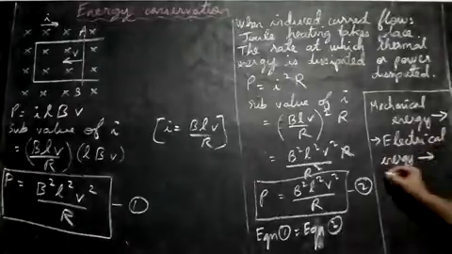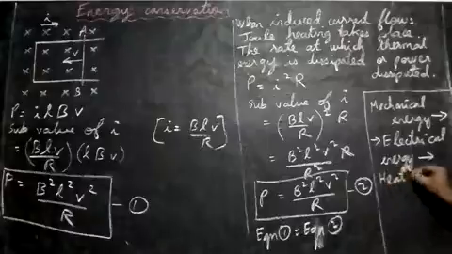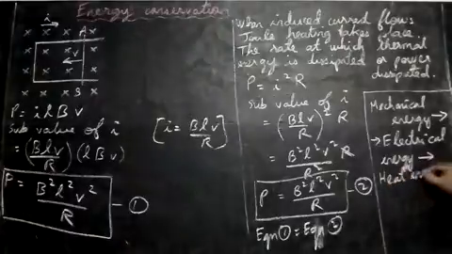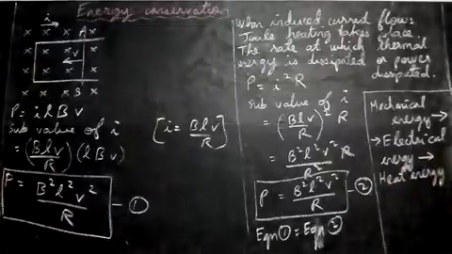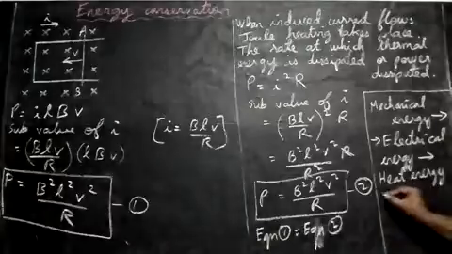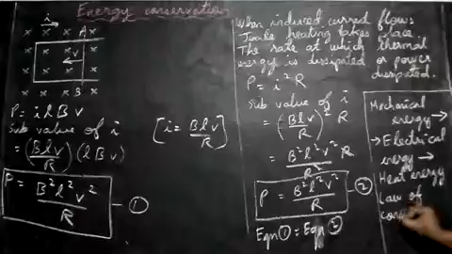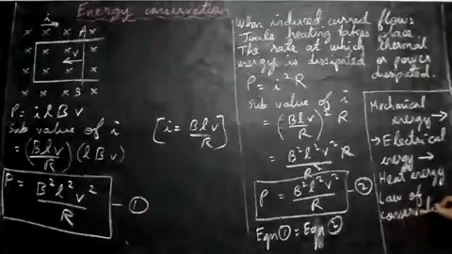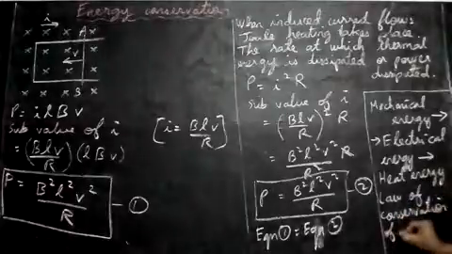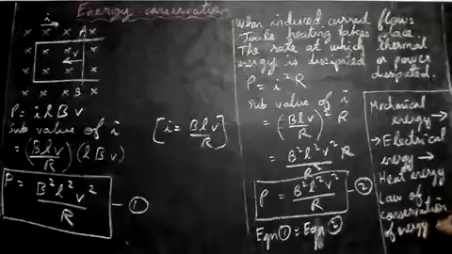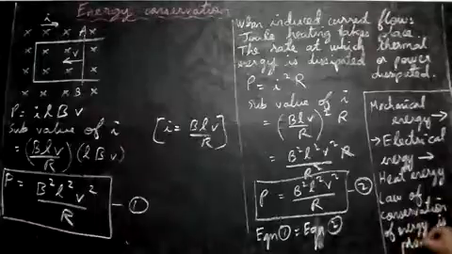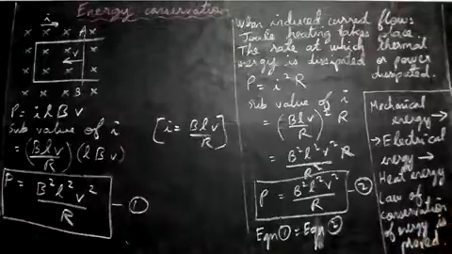It changes into heat energy. So one form of energy is changed to another form of energy. That is why we can say the law of conservation of energy is proved from this example. Okay, so thank you for watching.